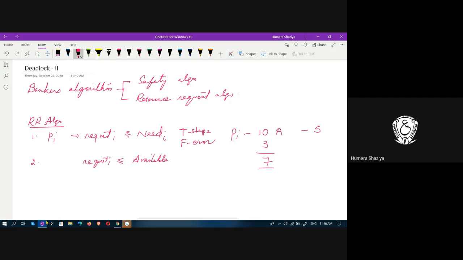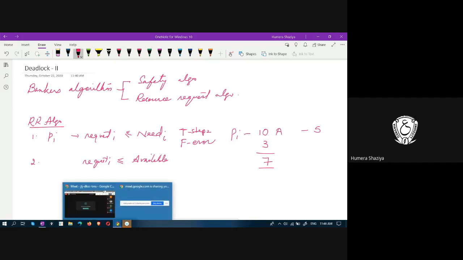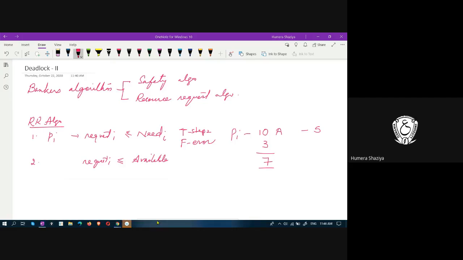Later, after the release of the resources by other processes, it may be possible that allocation can be made. When presently there are only 5 available resources and 7 are requested, this cannot be fulfilled.